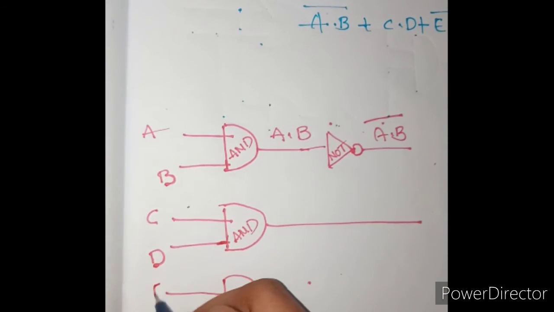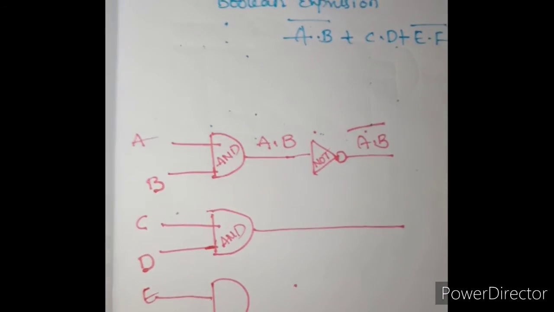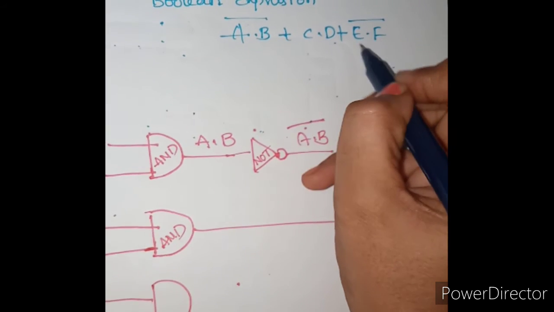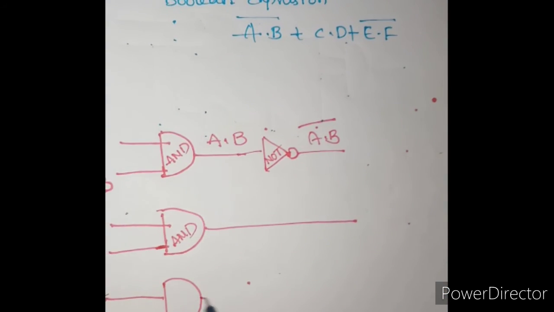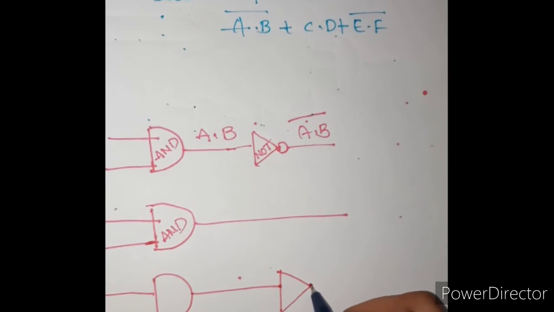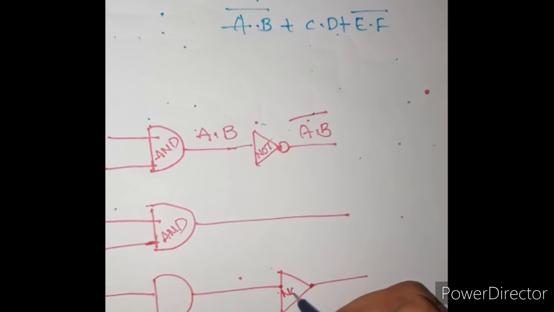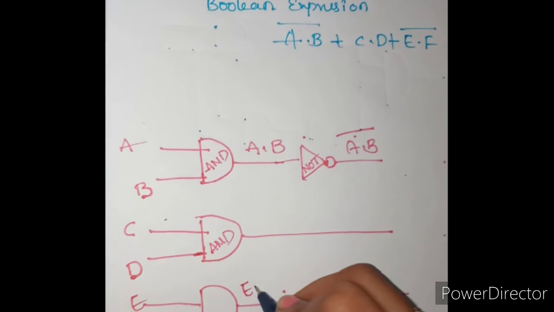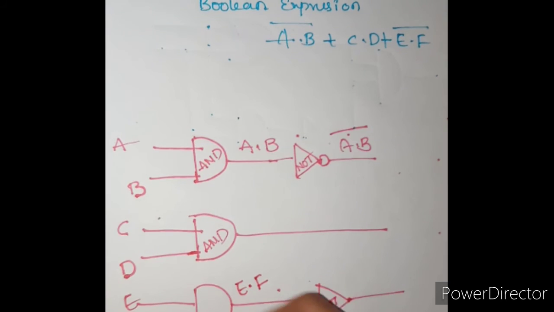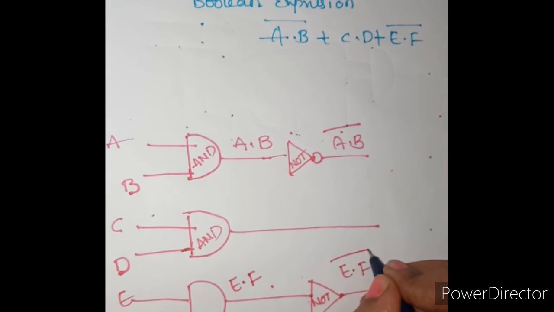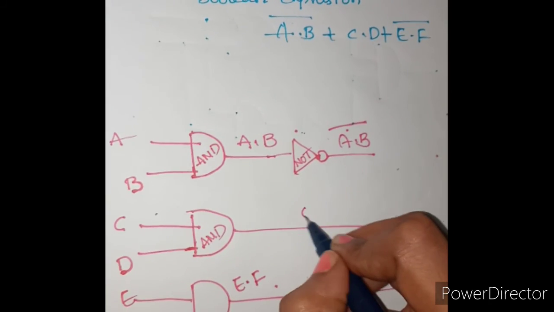Here there is a bar, which is nothing but a NOT gate, so I draw one more NOT gate. The output of this AND gate is e dot f bar. This output is c dot d.